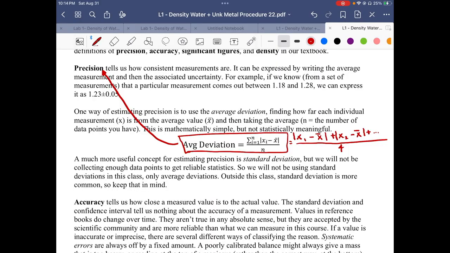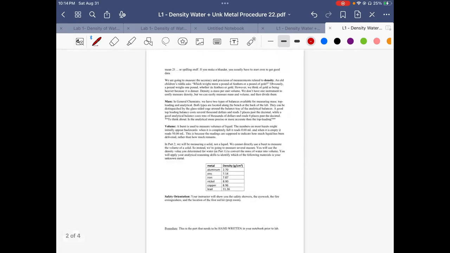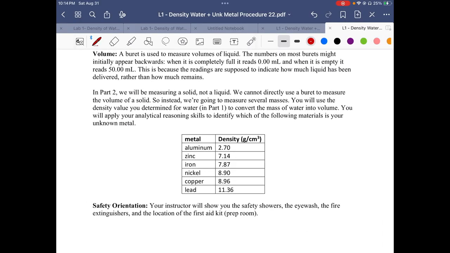Now note, in the lab procedure, there is a table that limits the actual number of unknowns. It's right here. And in fact, it notes also their densities, and there's a couple of them that are close. So if you end up in a situation where you have a value that's close, think about the observations that you made in lab.